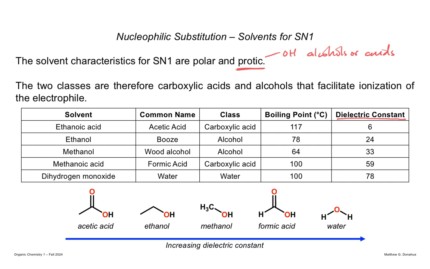Carboxylic acids would give ester products, and alcohols would give ether products. And if you used water, that would give you an alcohol.